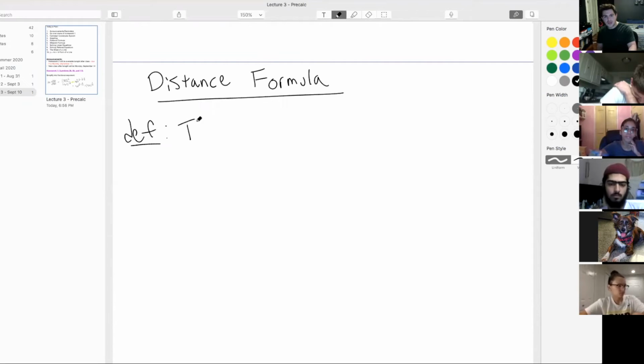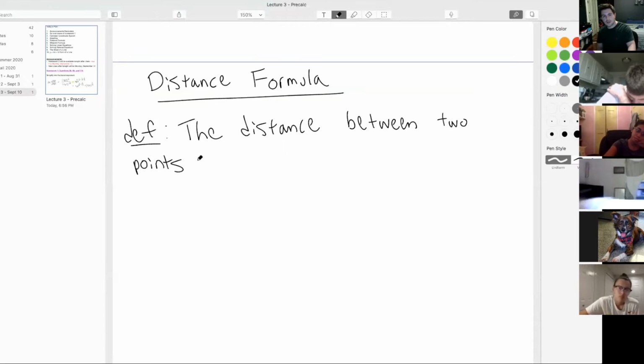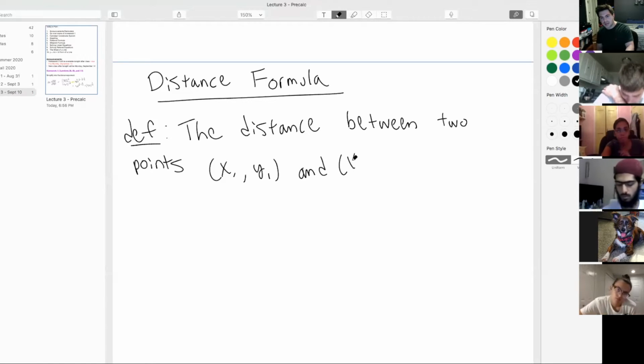Okay, so the distance between 2 points, x1, y1, and x2, y2, is given by the following formula.